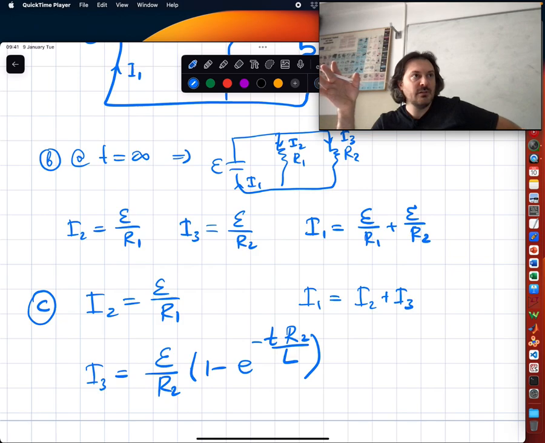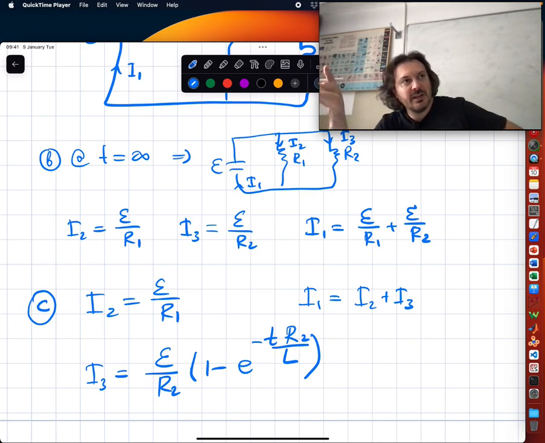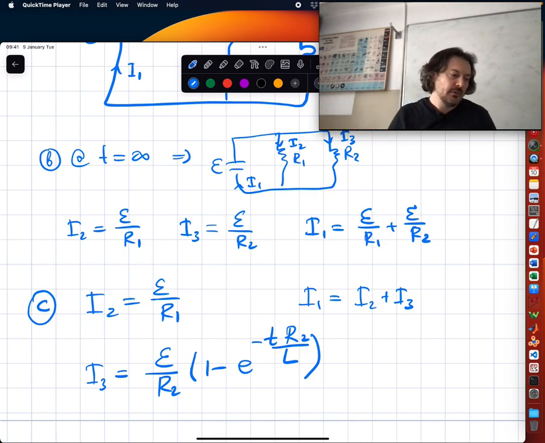Do you see what I mean? So L will act as 0 resistance, which it does, right? And the capacitor will act as a circuit breaker, which it does. Once you go over the transient period, that's exactly how they behave. Do you understand my point? Yes. Thank you.